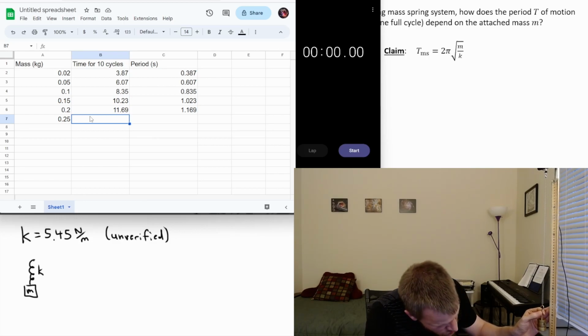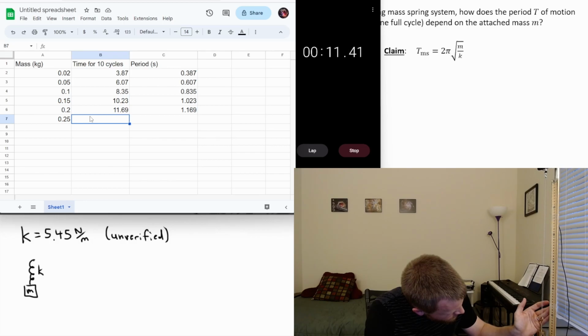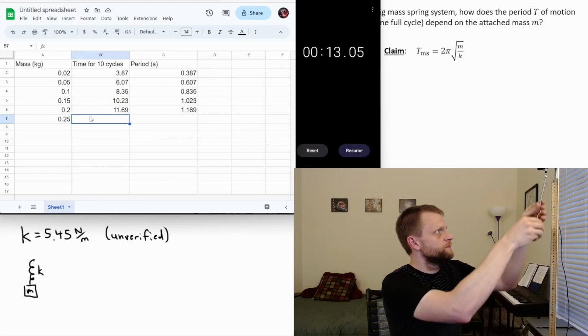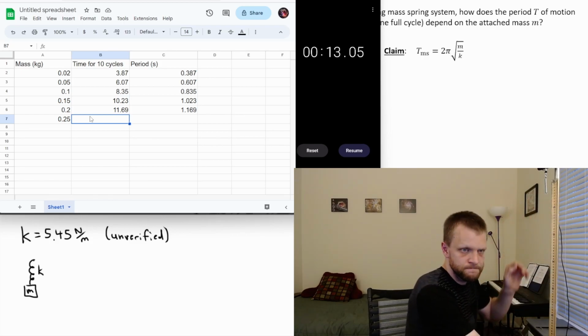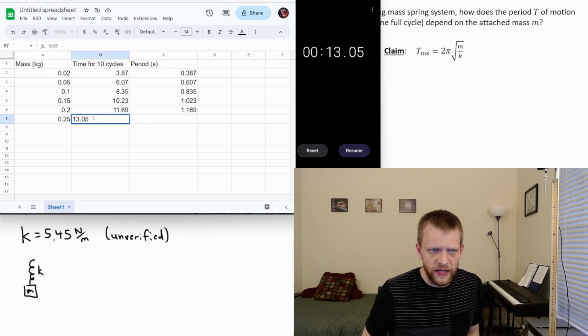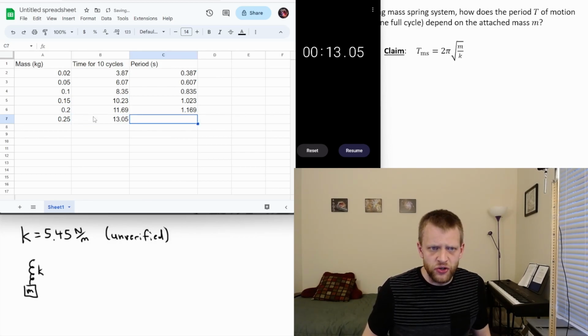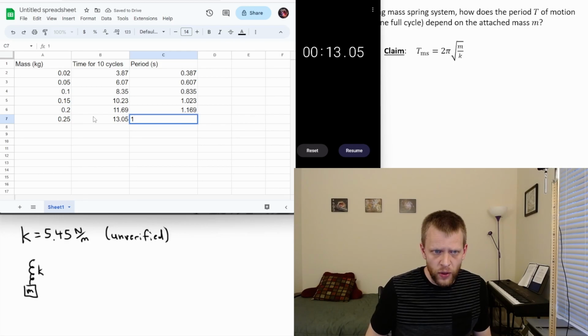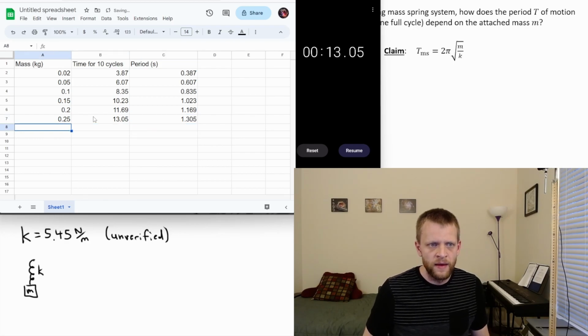And 3, 2, 1, start. 1, 2, 3, 4, 5, 6, 7, 8, 9, stop. So this one would be 13.05 seconds for 10 cycles. So the time for one cycle would be 1.305.